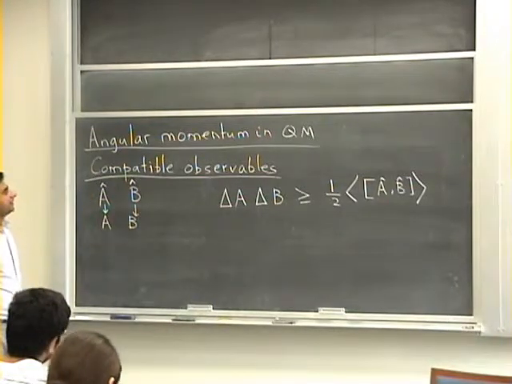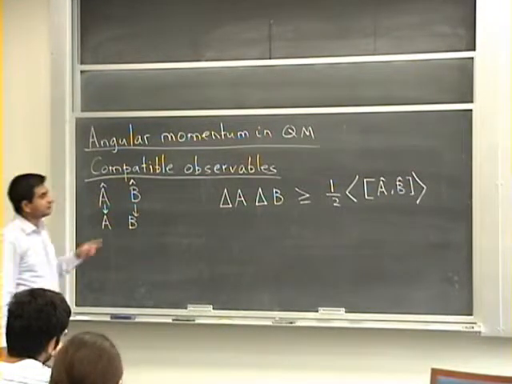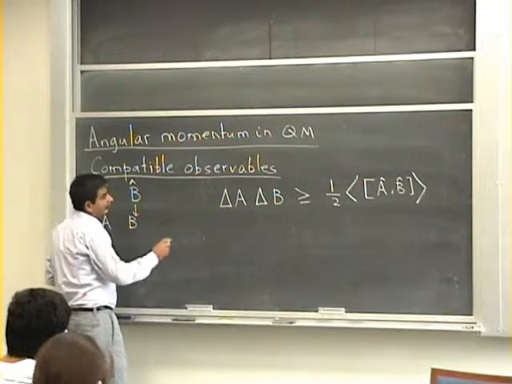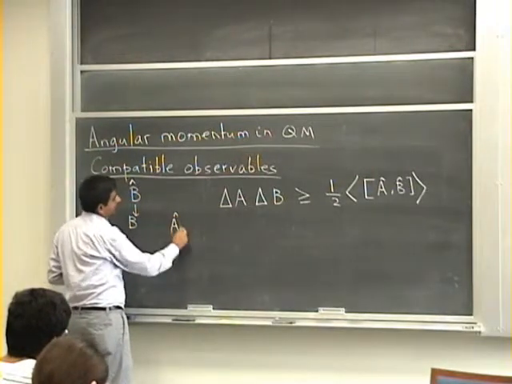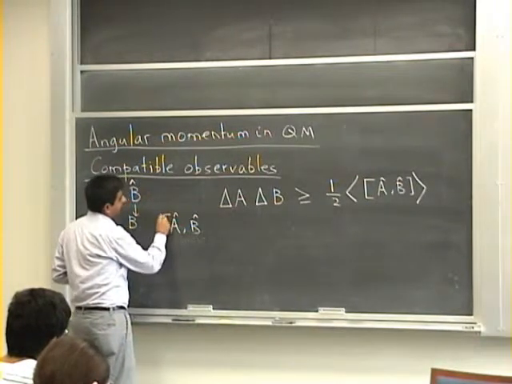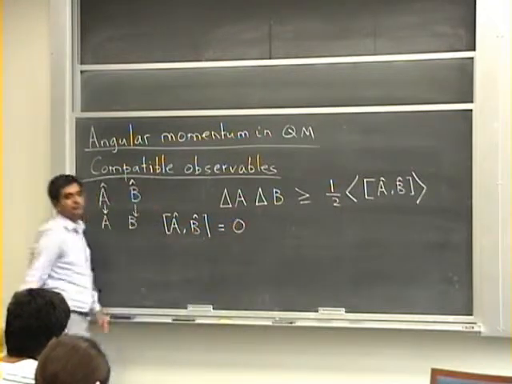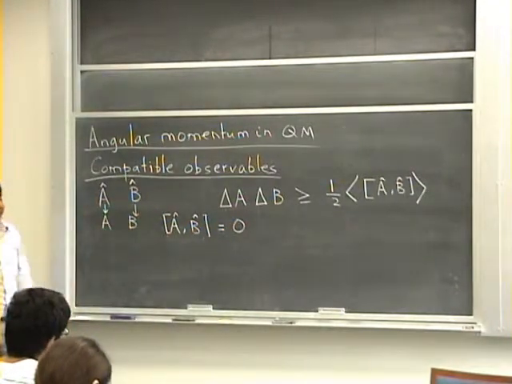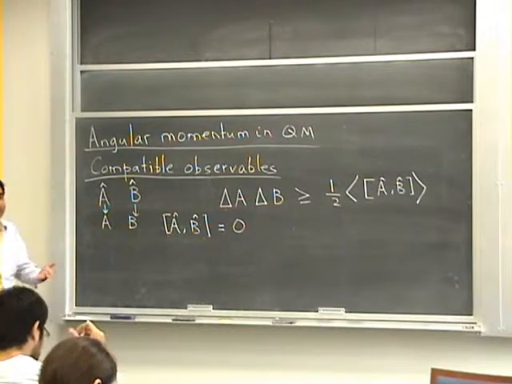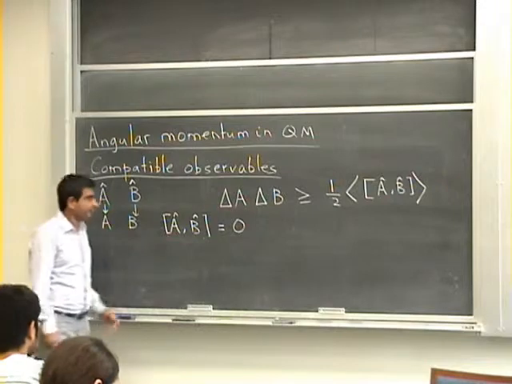Now, two observables are compatible if the commutator of A with B is 0. So this defines compatible observables. And we'll explore the physical meaning of compatibility in a while.